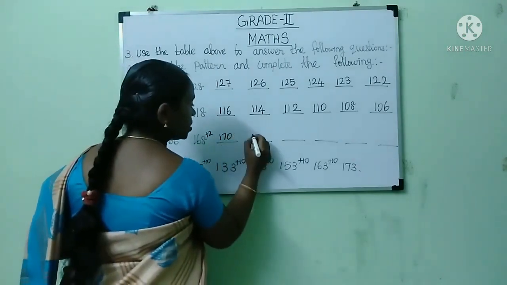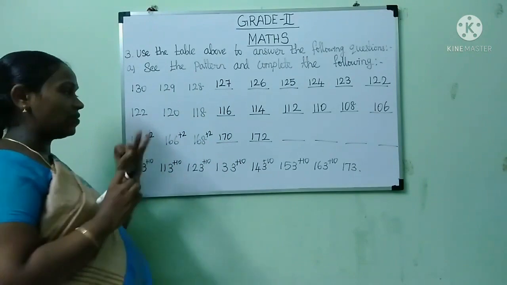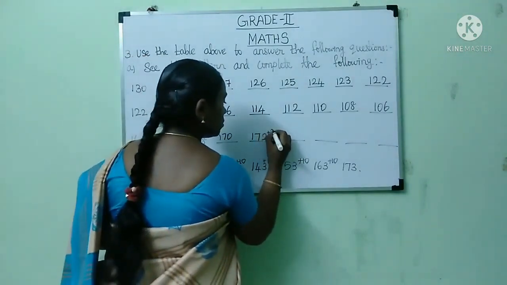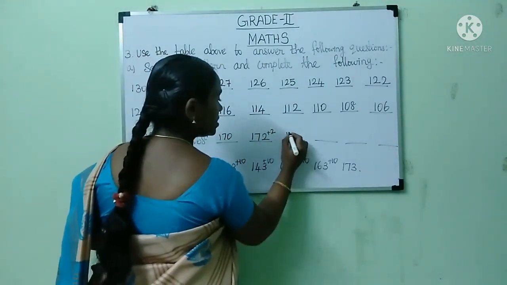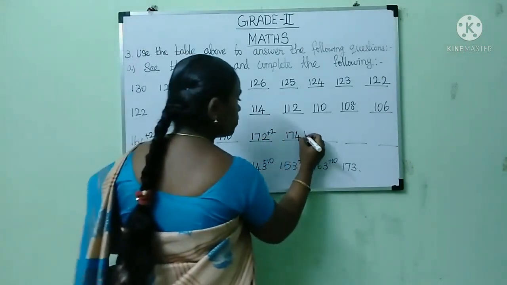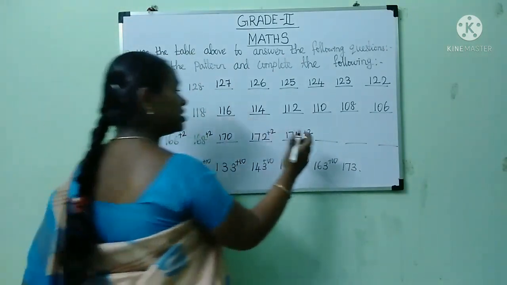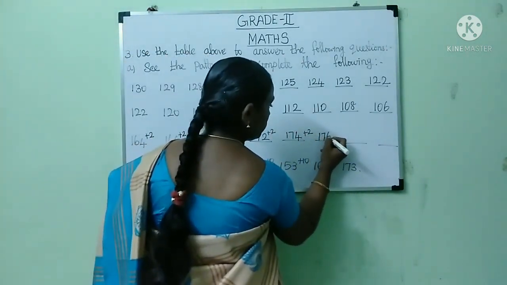Next, 170 plus 2, 172. 171 and 172. Plus 2, 173 and 174. Next plus 2, 175 and 176.